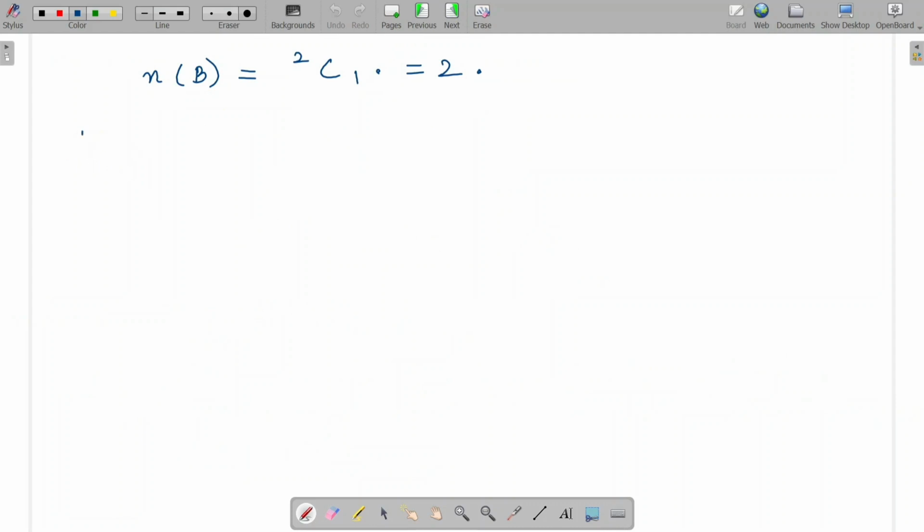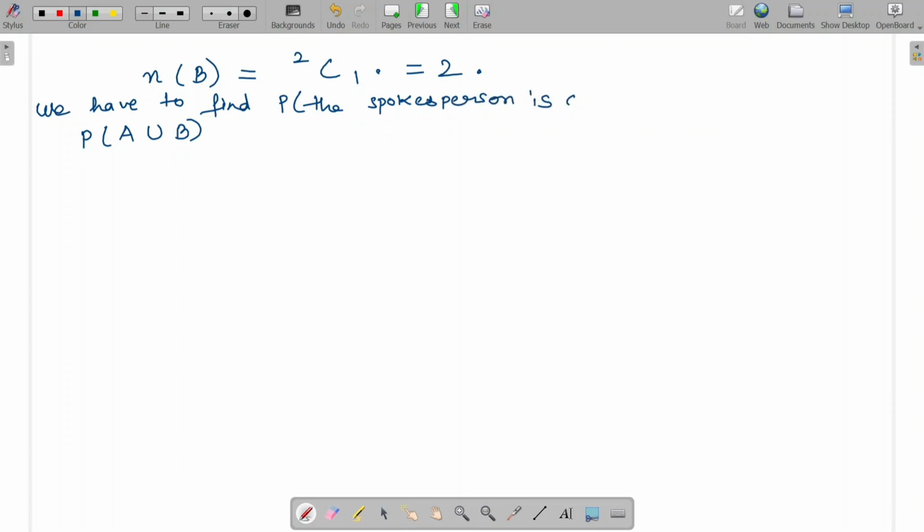So probability of A union B. So we have to find the probability that the spokesperson is a male or over 35 years, right.